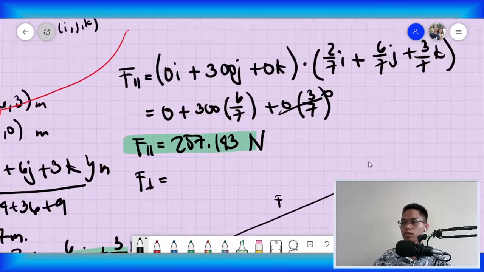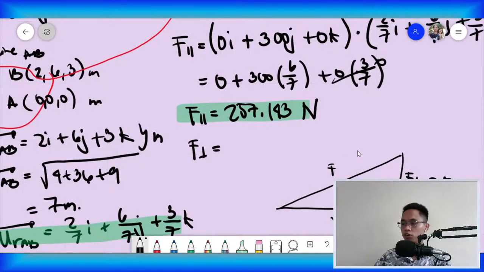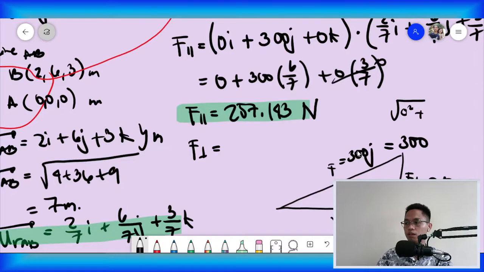Now, in this case, what is the magnitude of our force? Our force is 300j. So, the magnitude is just 300, because 0 squared plus 300 squared plus 0 squared is still 300.